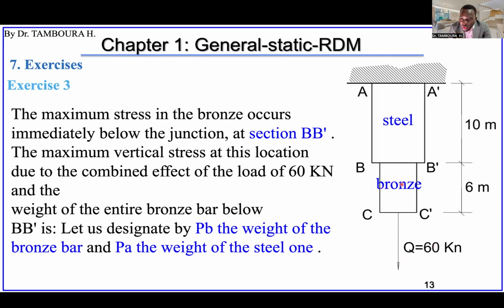So at any position, the force acting at that position is this force plus the weight under this section, exactly like the previous exercise. So this position is where the stress is maximum in this bronze material. For the steel material, as you may guess, it will be here.